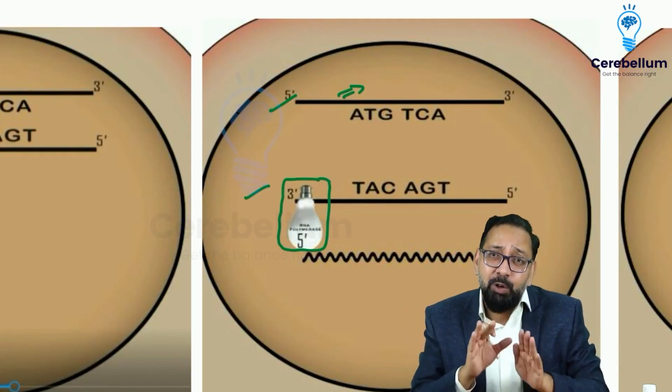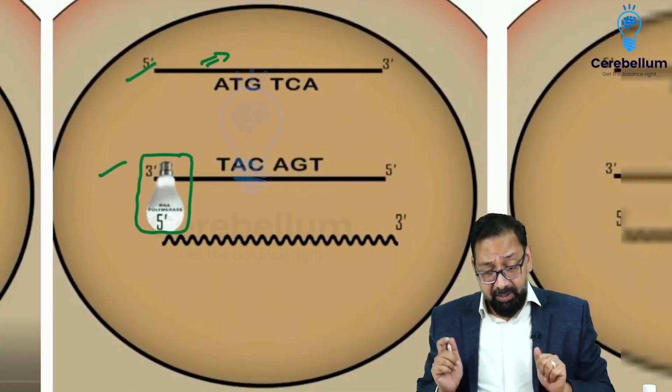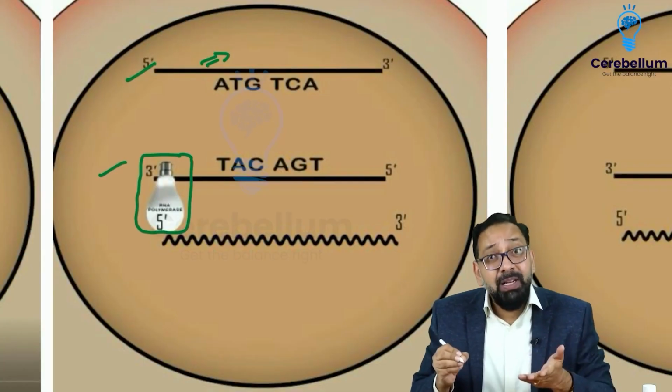Now this RNA polymerase synthesizes RNA by this template strand. Now you know the base pairing rule.